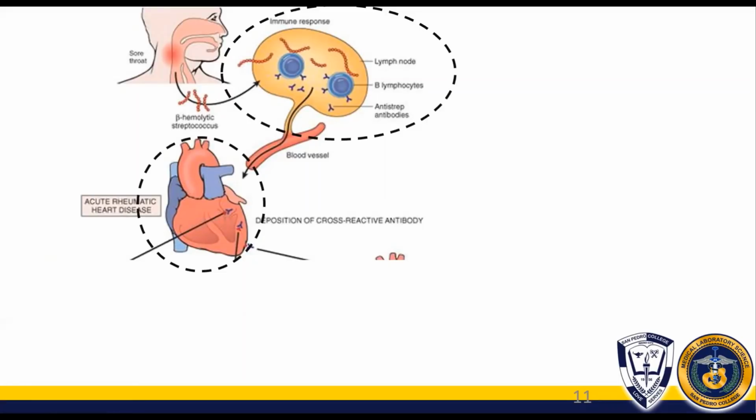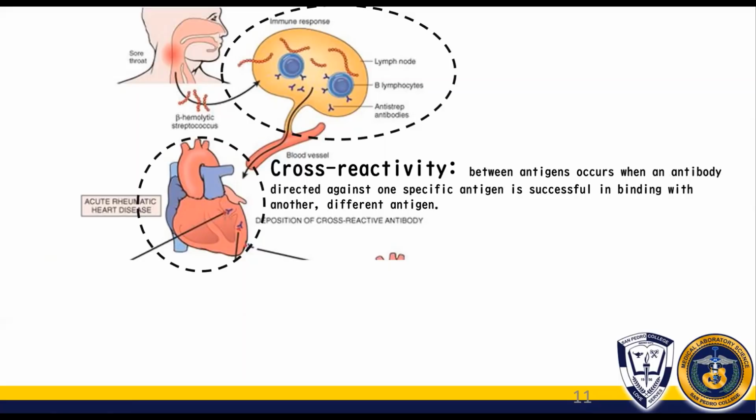In our heart tissues, in our heart muscles, they may exhibit cross-reactivity. Cross-reactivity between antigens occurs when an antibody directed against one specific antigen is successful in binding with another different antigen.